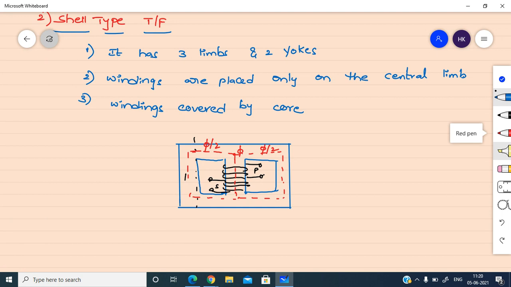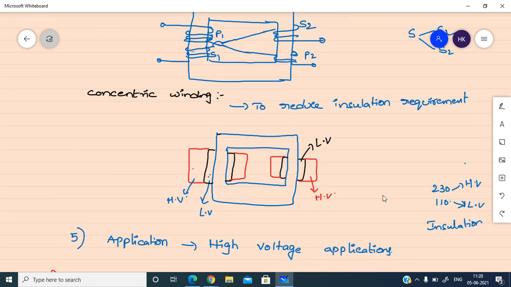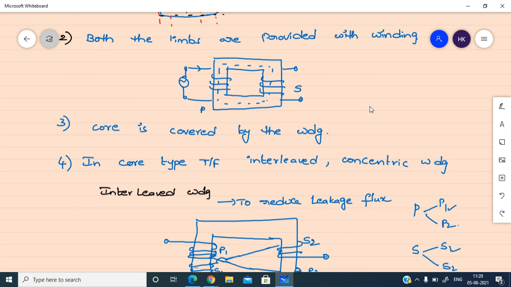But in case of core type transformer, are there any two paths for the flow of flux? Whatever flux is produced due to the current in the primary winding, the total flux will pass through the core and link with the secondary. That means it is not dividing. So the flux has only one path to flow in the core.